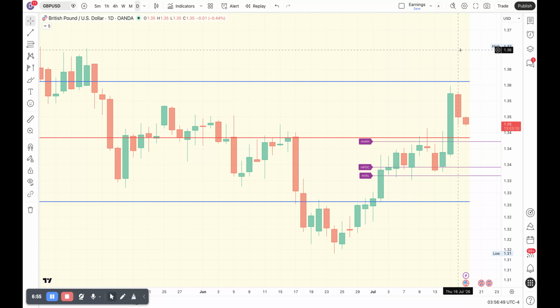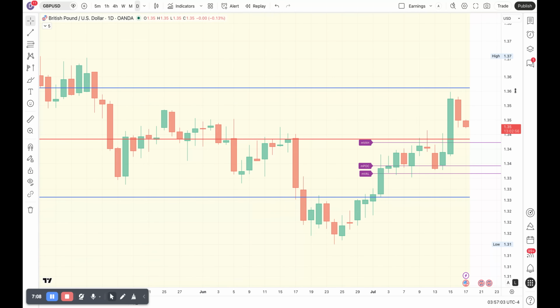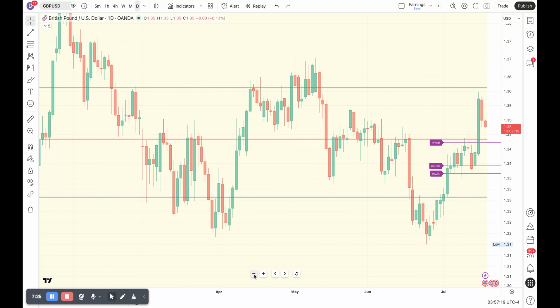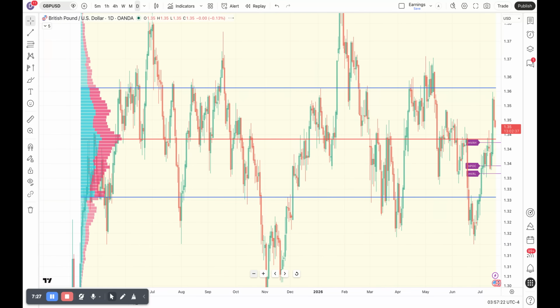And I wouldn't be going long now on the pair of the British pound US dollar before we get to that POC. For exact numbers and finer details, I suggest that you do exactly what I did. Go to TradingView, find the range, go to the fixed range volume profile, drag it so you see the area.